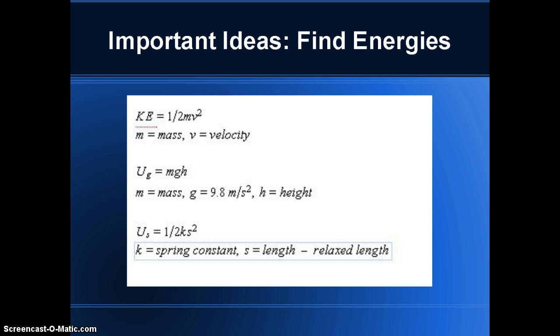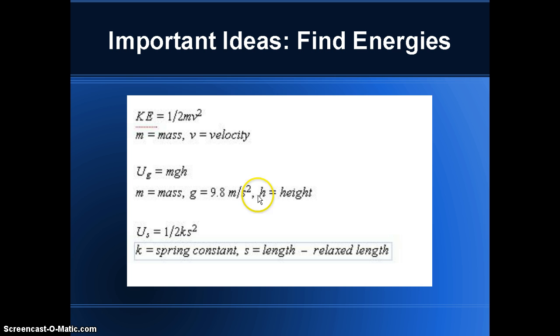Now, here, we have to be able to find those energies. We have kinetic energy is equal to 1/2 mv squared, m being the mass, v being the velocity. We have potential gravitational energy right here, which is simple, mgh. That means that potential gravitational energy is equal to the mass times the gravitational constant, which is 9.8 meters per second squared, times the height.